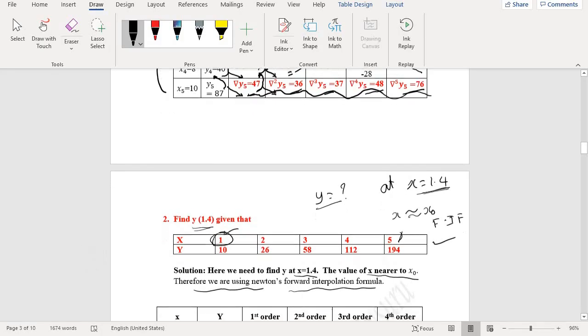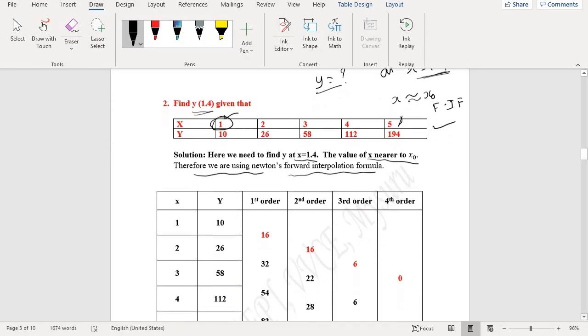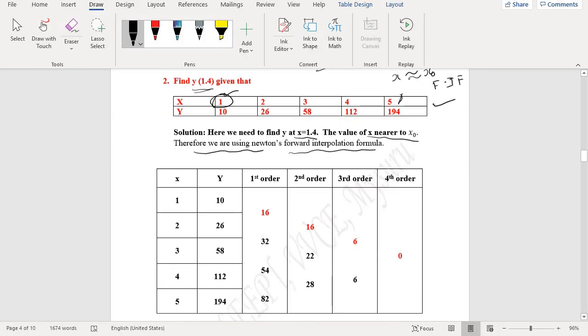For that, I want to construct a table for the given data. Now observe here. As usual, in the first column I will consider the values of x. In the second column I will consider the values of y. This is y0, y1, y2, y3 and y4. Now the third column is nothing but first order forward differences.